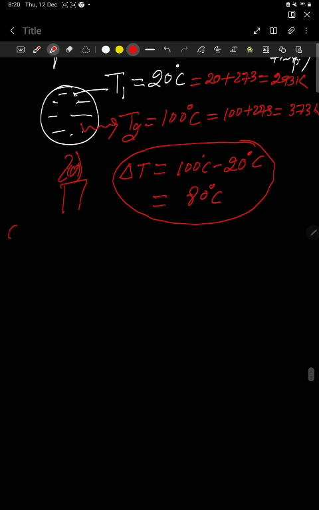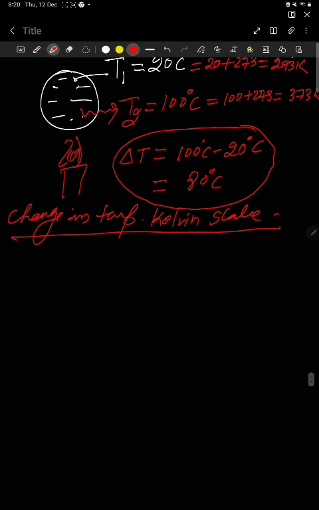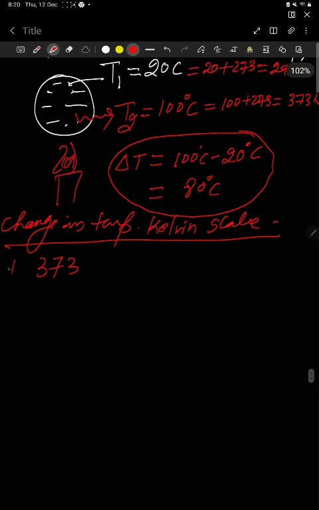Here we have calculated the change in temperature in degree Celsius. Now suppose I have to calculate the change in temperature using the Kelvin scale, then let's see what value will come. 373 is our T2, and T1 is 293 Kelvin.